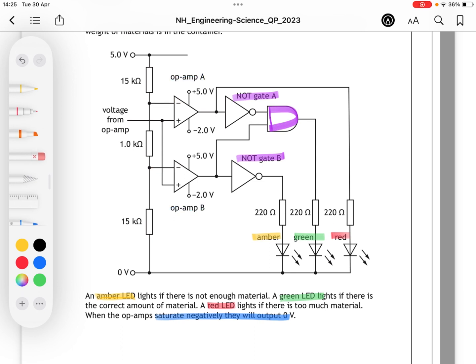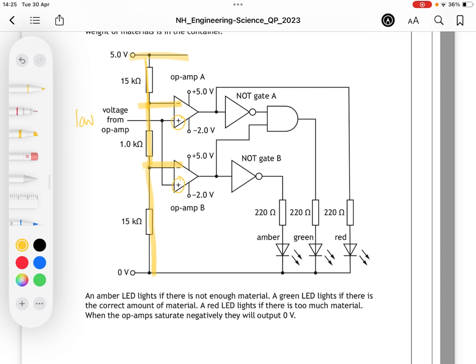And the best thing I think to do is to try to understand what's going to happen here when the voltage is rising. So let's say that initially we have got a constant signal coming into the inverting input of op-amp A and op-amp B, and the voltage from the op-amp is low, so the non-inverting inputs there are receiving a low signal.